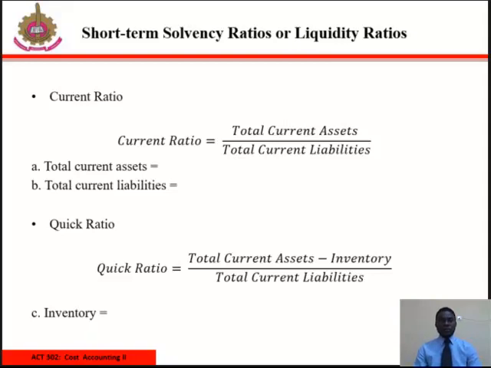But in terms of the quick ratio, we are not considering inventory, which is the stock, when we are calculating the quick ratio analysis, because we expect that we need to make it quick. And if you are taking it quick, we are not considering inventory, we are only considering cash and other things that are equivalent to cash.